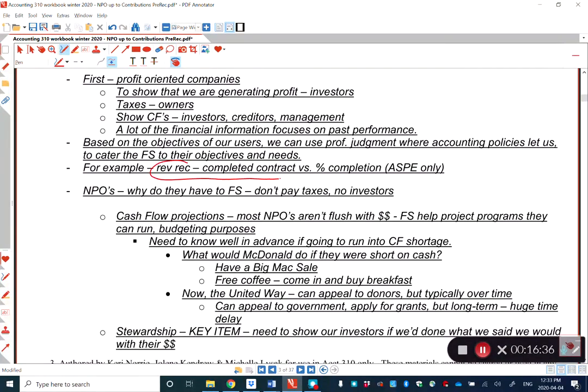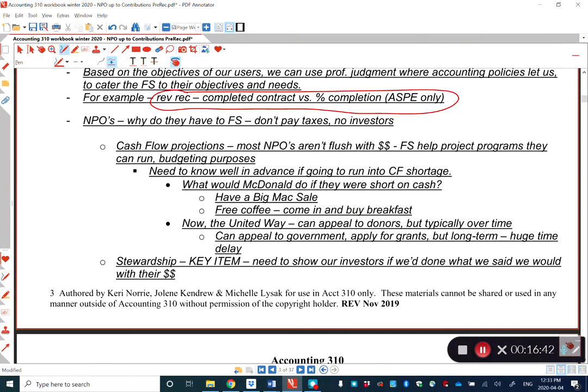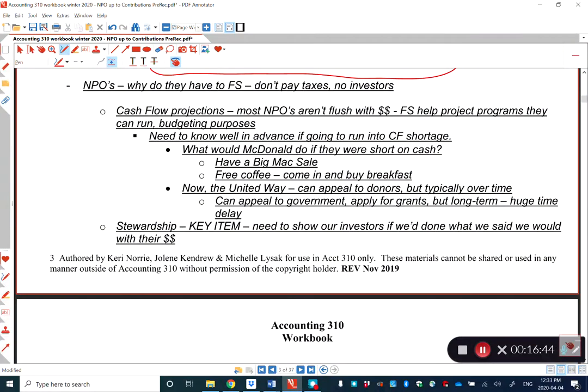I referred to the revenue recognition and percentage of completion versus completed contract in ASPE. And then really the focus of various not-for-profit organizations, which is specifically for cash flow. Now, cash flow, again, just really quick, can be tough to manage if you're a not-for-profit organization. If you're a for-profit organization and we're short on cash, hey, what's McDonald's going to do?